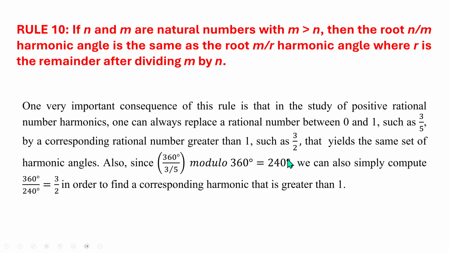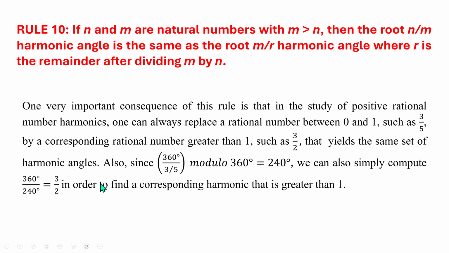But once you have a root harmonic angle, you can always recapture a harmonic by dividing this angle into 360 degrees. In this case, when I do that, this fraction reduces to 3/2. So the 3/2 harmonic will give me the same root harmonic angle as the 3/5 harmonic.